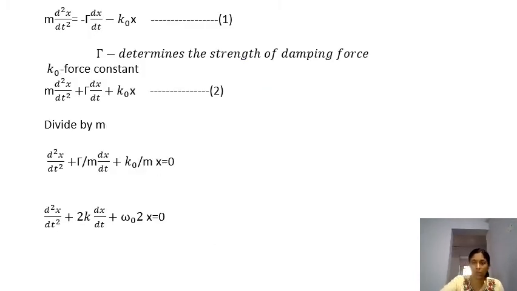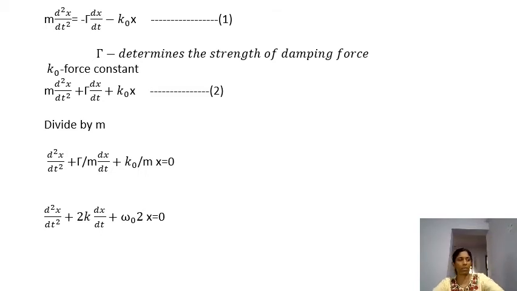Now we are going to find out the wave equation for the damped simple harmonic motion. So the equation we know, F is equal to ma. That is the force; instead of a, we are taking m d square x divided by dt square is equal to minus gamma dx divided by dt minus k naught x.